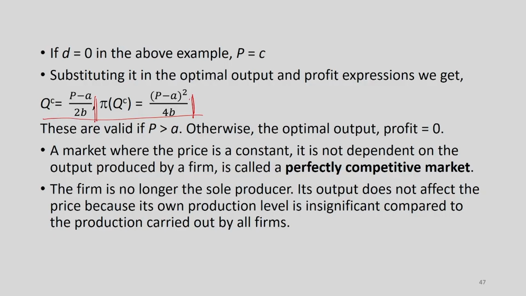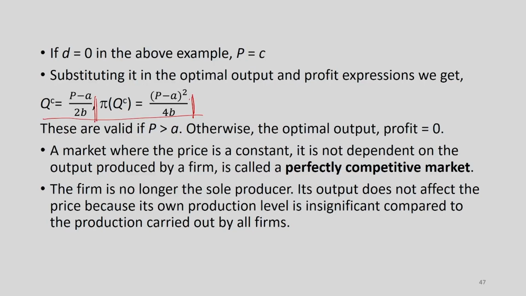Now, what was the reason for taking this particular case of d equal to 0? A market where the price is constant, not dependent on the output produced by a firm, is called a perfectly competitive market. The firm is no longer the sole producer. That is the difference that has to be pointed out. This is the case where you have multiple firms. Actually, we talk about an infinite number of firms, and all these firms are producing a similar product.